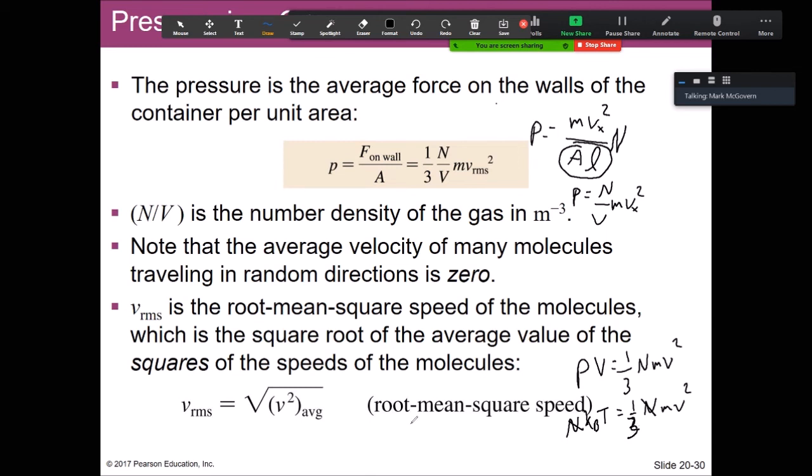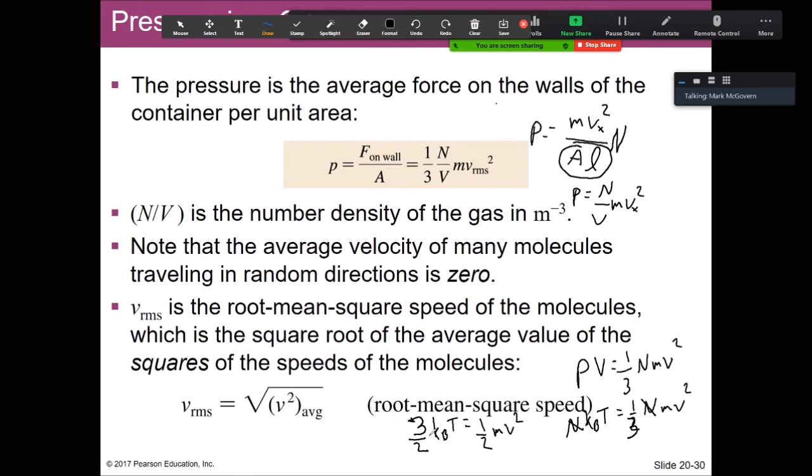So the very last step down here is I'm going to move the 3 to the other side, and I'm going to divide it by 2. And then the other side is going to be mv squared. So what you see on the right-hand side here is the average kinetic energy of our particles, and it's related directly to the temperature of the substance here. And so that's how we ultimately make this connection.